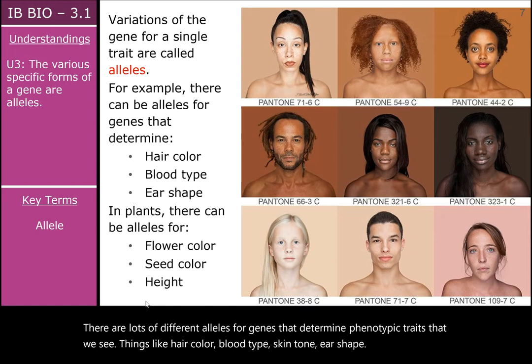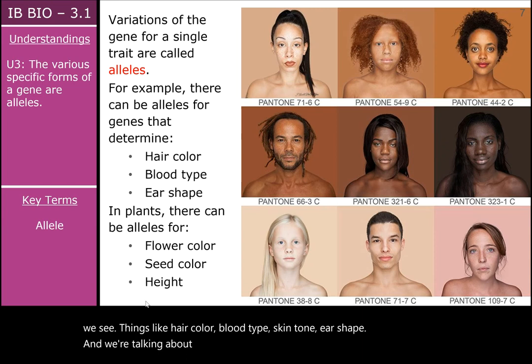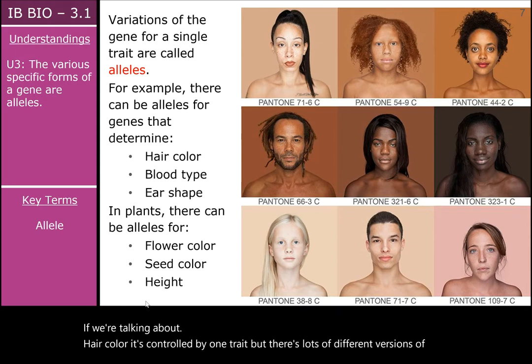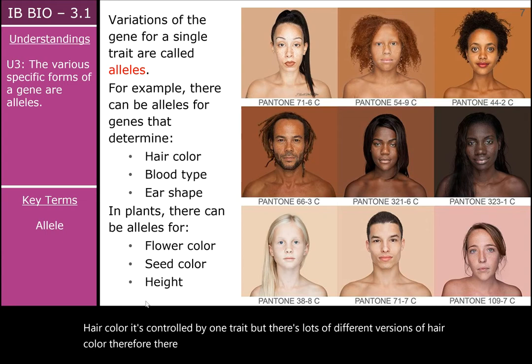If we're talking about plants, those things can be flower color, seed color, or height. Now, if we're talking about hair color, it's controlled by one gene, but there are lots of different versions of hair color. Therefore, there are lots of different alleles for the gene of hair color.